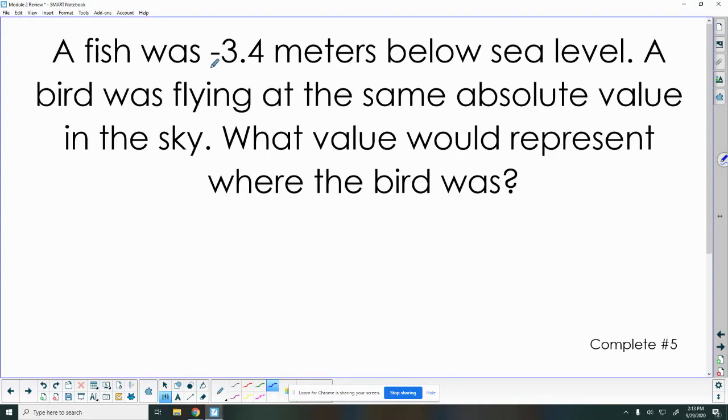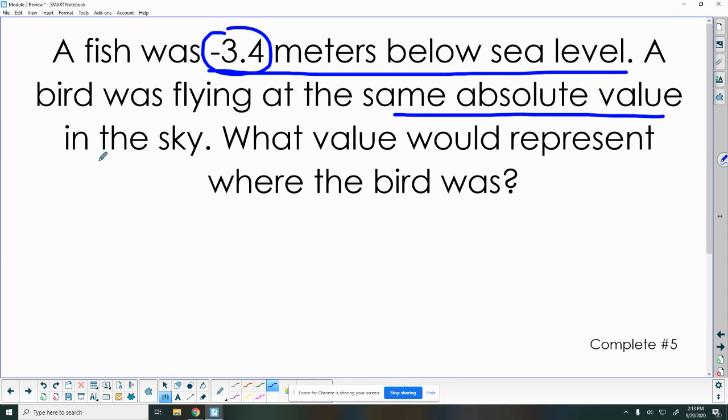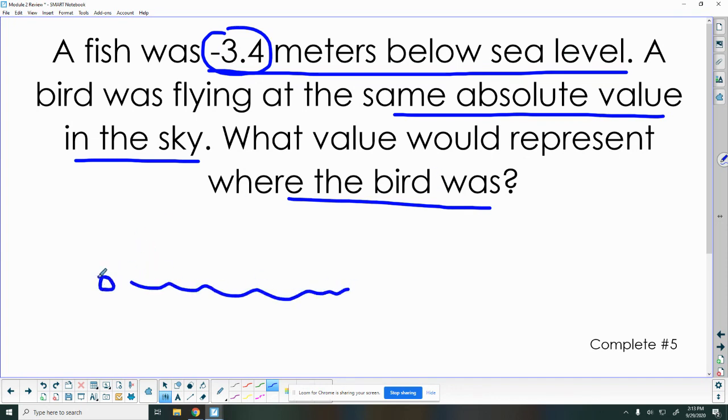Number 5, we have a fish that was 3.4 meters below sea level. So negative 3.4. A bird was flying at the same absolute value in the sky. What value would represent where the bird is? So here's my C at 0. I know my fish was down here at negative 3.4. And then it says I have a bird that's the same absolute value.